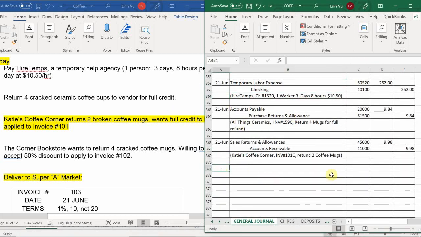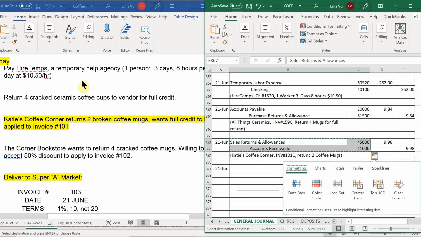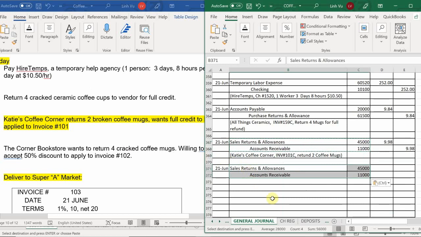Return, sales return, and accounts receivable. One of the same from the invoices when we take it out.